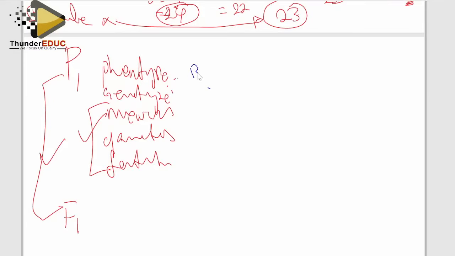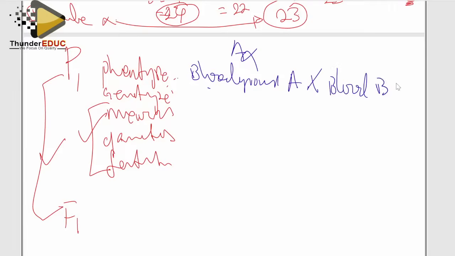Blood group A. Don't just say A, it will be wrong. Cross with blood group B. Don't just say B, it will be wrong.